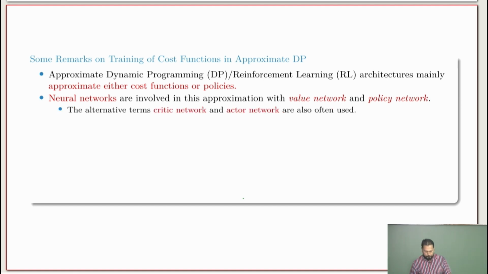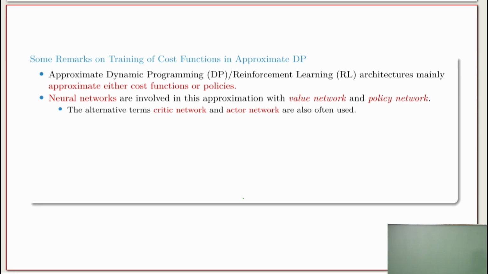In RL literature, when neural networks are used to approximate, they use the word network. As such, you just say approximate function or something like that, but then you use a neural network in these approximations. If you use a neural network to approximate the cost or the value, then we call it a value network. And if you approximate the policy mu, then it's a policy network.